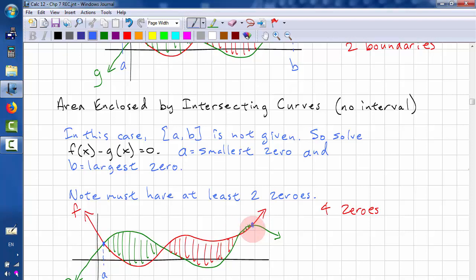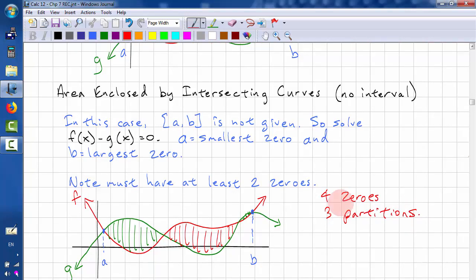Our largest zero is here, that's b. And we have a total of 1, 2, 3 partitions. Again, this is a general case. In a specific case, we may have 2 or 1 partitions even if there are 4 zeros, depending on the multiplicity of the zeros.